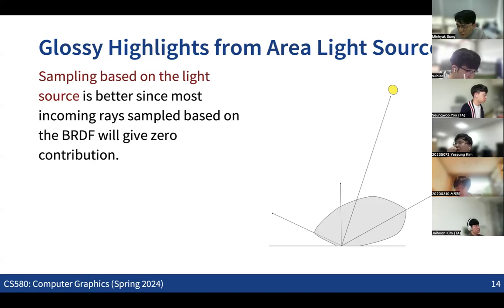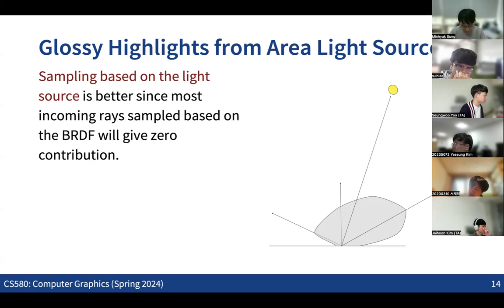Right? So as you can see, depending on the arrangement of the scenes, and also depending on the BRDF functions for each of the points of these surfaces, this strategy can be changed. So we can choose sampling based on the BRDF or sampling based on the light source, but that is a very manual thing, right?